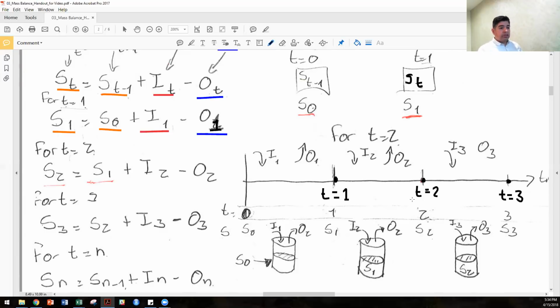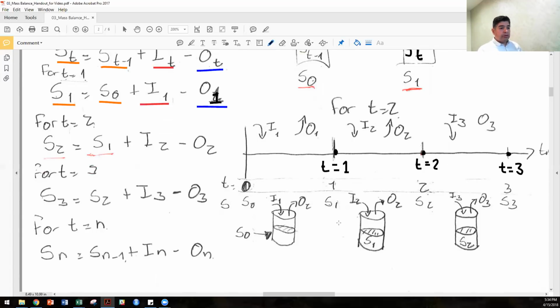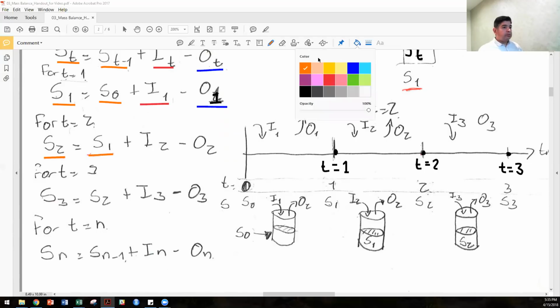So again, for t equal 2, it will be what was the storage at the previous time step, how much water came in, how much water was taken out. That will be this S2, which is basically what you are seeing here, which is the storage at the end of the period of time 2 is S1 plus the inflows to that storage minus the outflows at that time step.